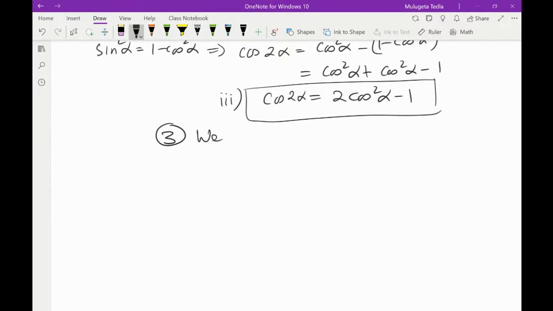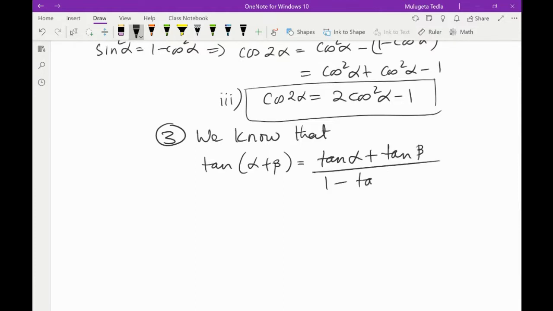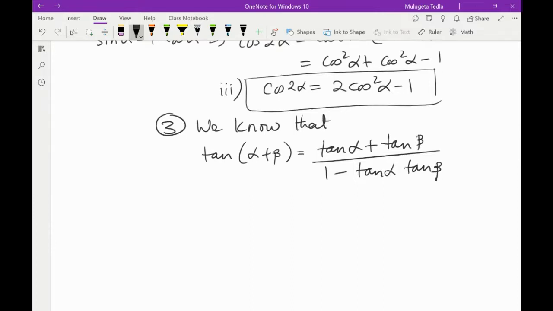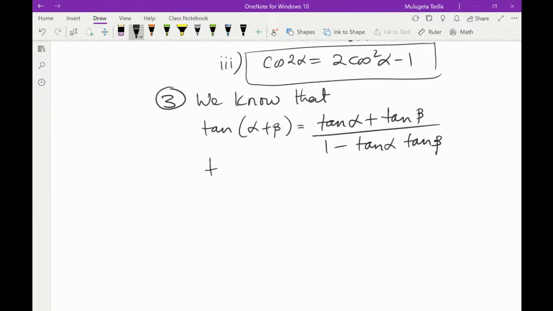We know already from section 2 that tangent of alpha plus beta is tangent of alpha plus tangent of beta over 1 minus tangent of alpha times tangent of beta. This is a property, but if alpha and beta are equal, this becomes 2 alpha, tangent of 2 alpha, right?